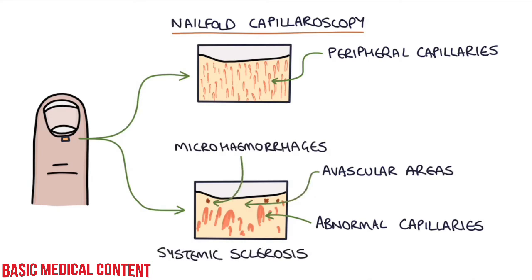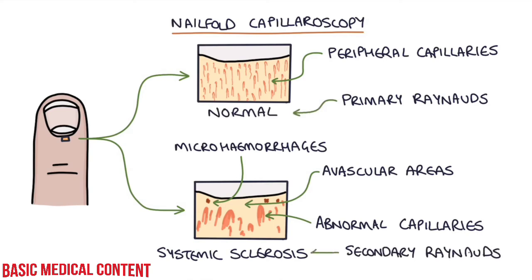It's useful to support a diagnosis of systemic sclerosis and also to investigate patients who have Raynaud's phenomenon to exclude systemic sclerosis. Now remember that patients with primary Raynaud's don't have any associated other conditions, and they'll have normal nail fold capillaries, whereas patients with secondary Raynaud's due to systemic sclerosis will have these abnormal capillaries showing avascular areas and microhemorrhages.